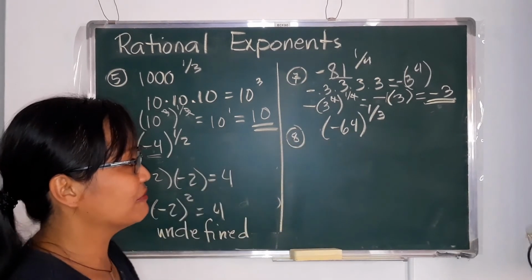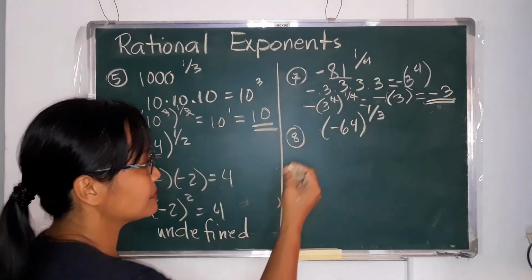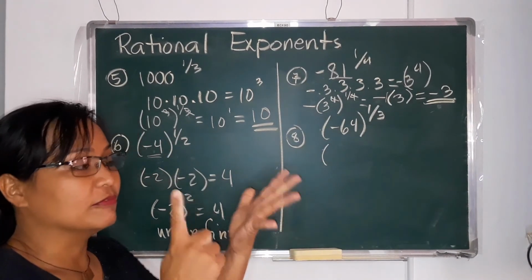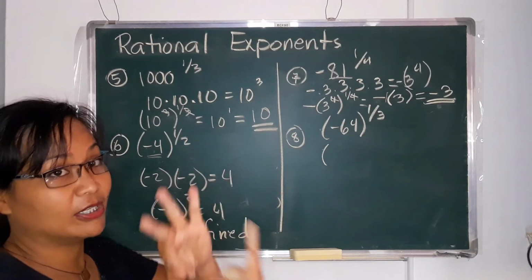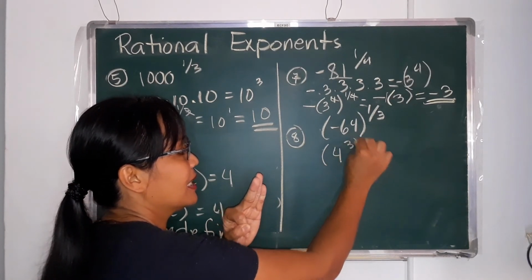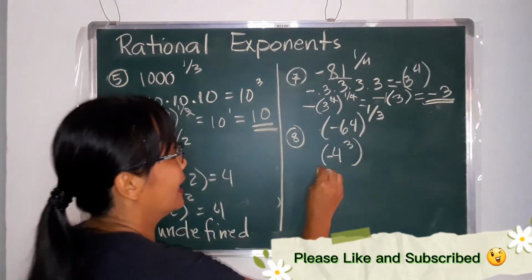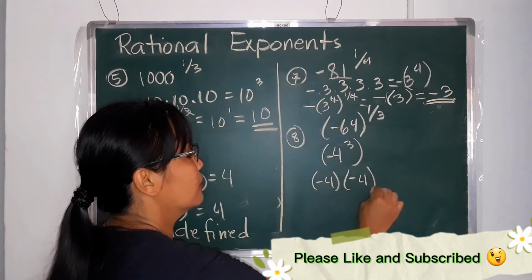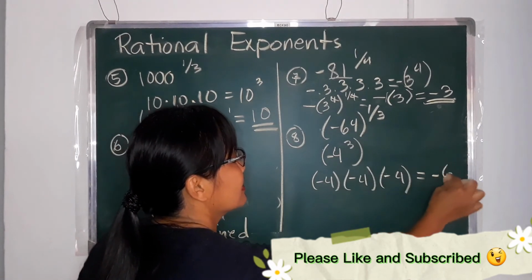Again, we have a negative base, but the exponent is an odd number, so it is possible. So let's think of a number. I think 4. So 4 times 4, 16. 16 times 4 is 64. So we have 4 raised to 3. Negative. Okay. If we multiply negative 4 three times, negative 4, negative 4, negative 4, then the answer is negative 64.